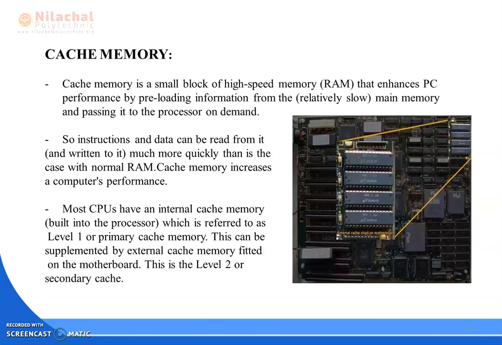So the basic built-in cache memory in the processor is level 1 cache memory, and we will be studying level 2 cache memory in multiprocessors, that is dual processor and quad processor. There we use level 2 or secondary cache memory, which is an external cache memory fitted on the motherboard.